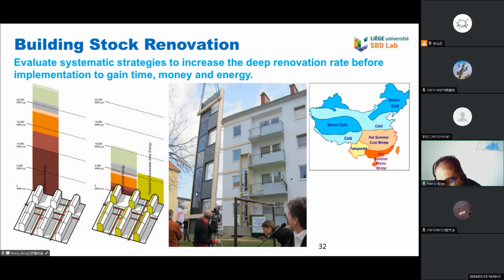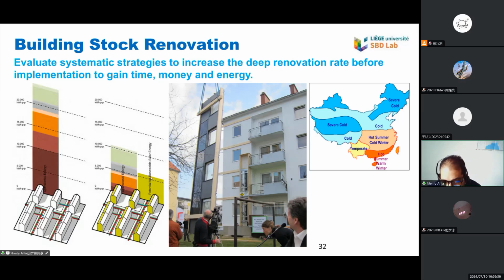If I am insulating it with an industrial solution, like a fully integrated industrial solution system, for example, as you can see here, this is a project in Austria, and they are insulating old buildings massively with a prefabricated solution. We can see that we can reduce the operational energy, and then we can reduce the operational emissions.